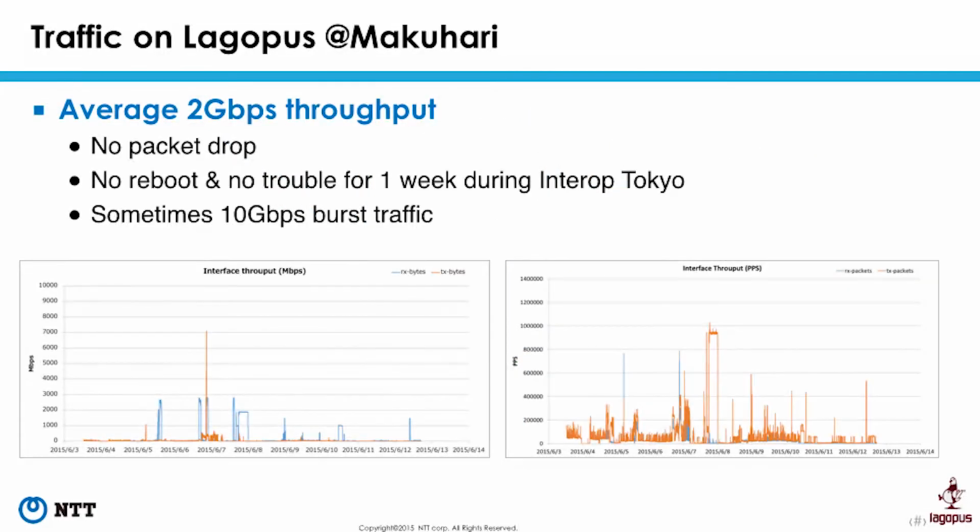Also, we measured the traffic on the interfaces of the Lagopus software data plane. We measured an average of 2 Gbps throughput, and no packet drop, no reboot, and no trouble for the 1 week.